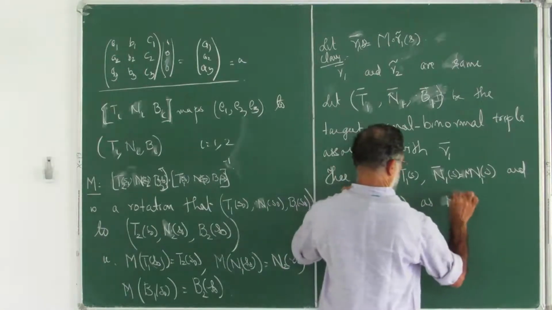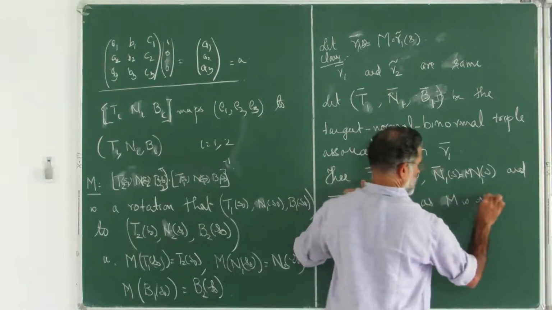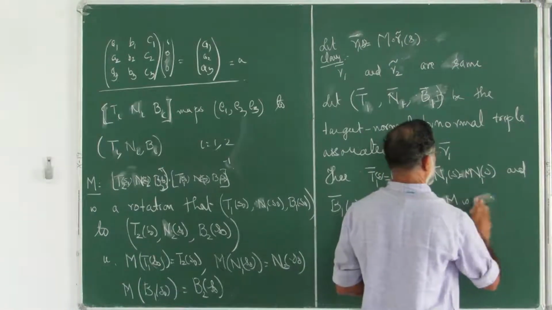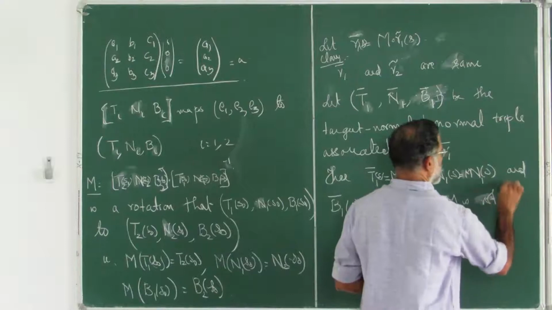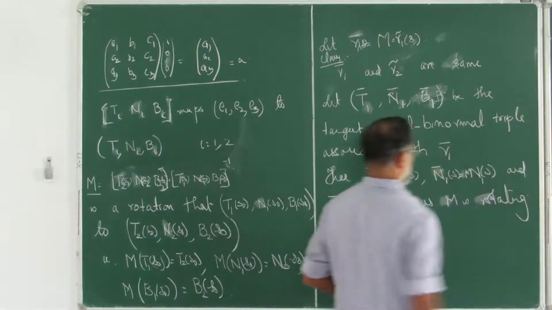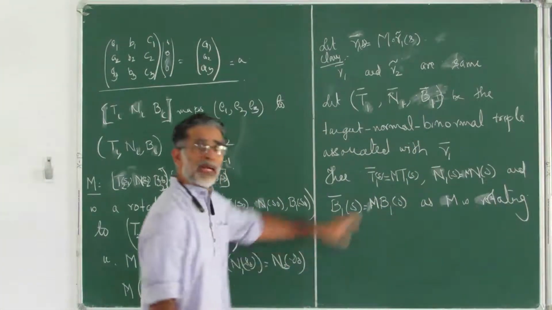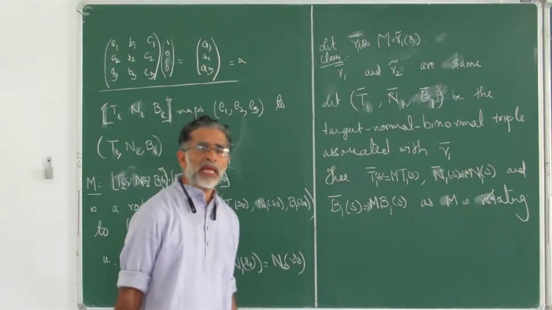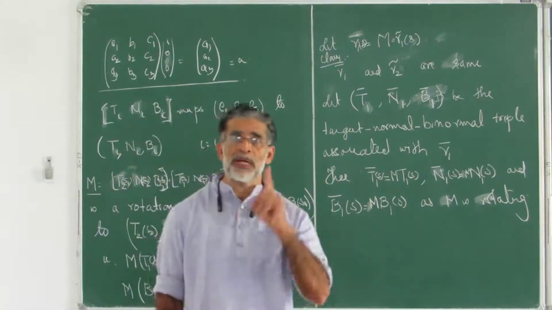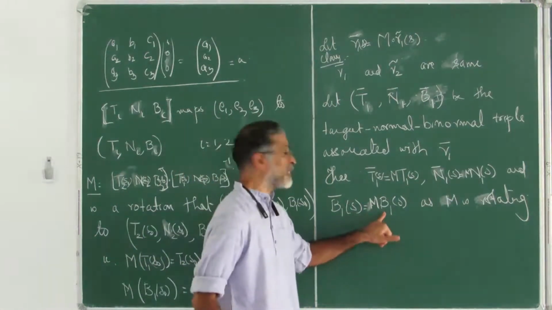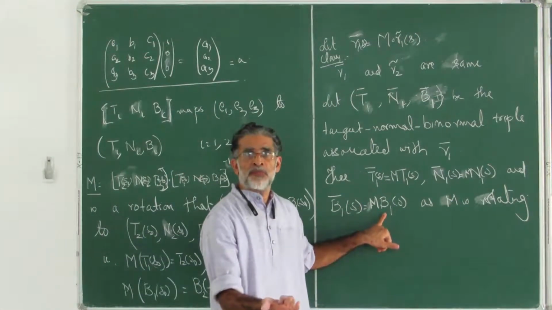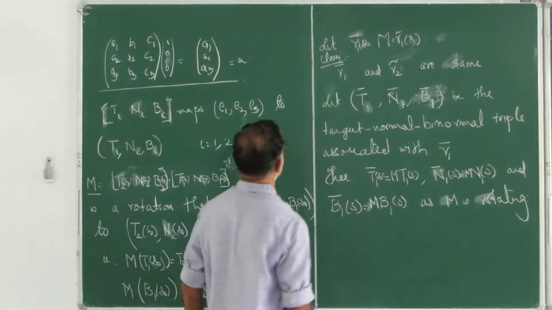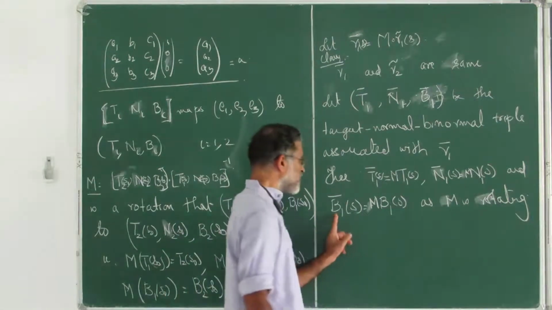M is a rotation, so it's not an arbitrary linear map, it's a rotation. So it rotates the tangent, normal, binormal at those points. So the linear map actually preserves. When you take any derivative, a linear map preserves. But what is important is the binormal, when it comes, it's a cross product.